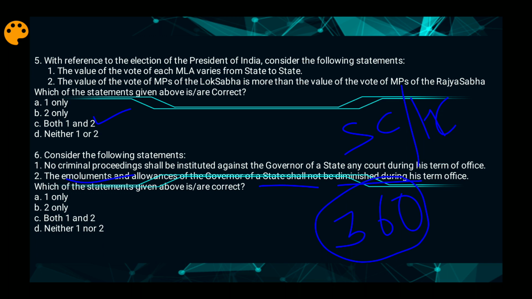The Governor is not an appointment or recruitment under the Union or Central list, so the emoluments will not be diminished during his term of office. So both the statements are correct here. The next question, that is question number 7.